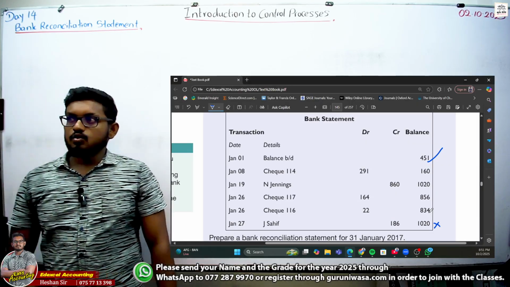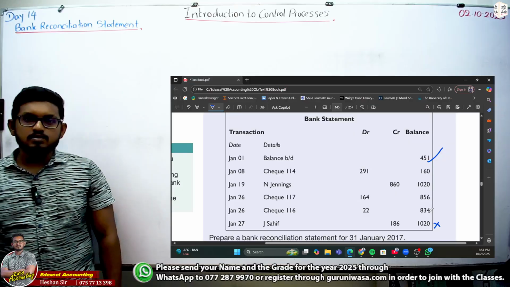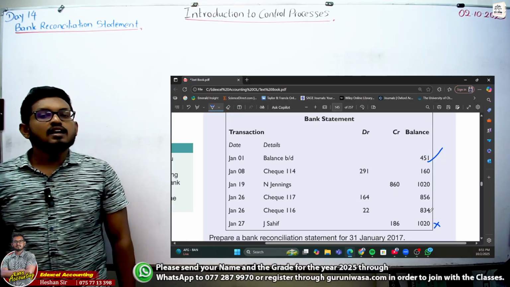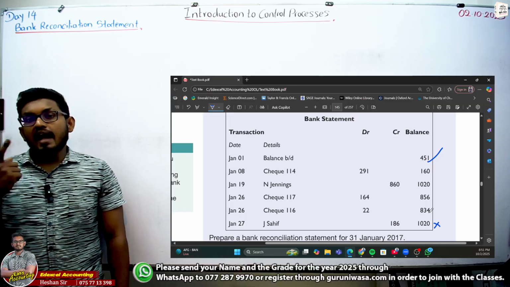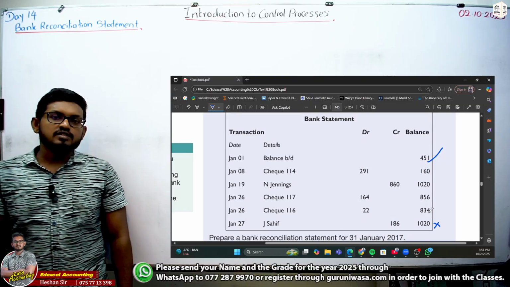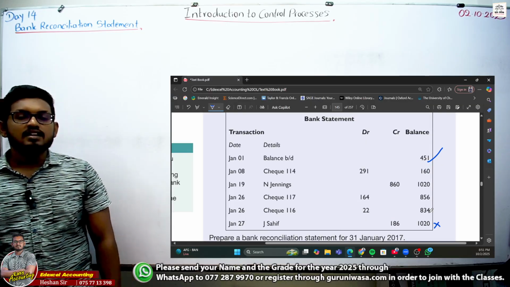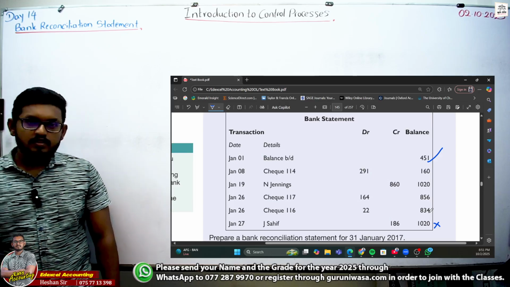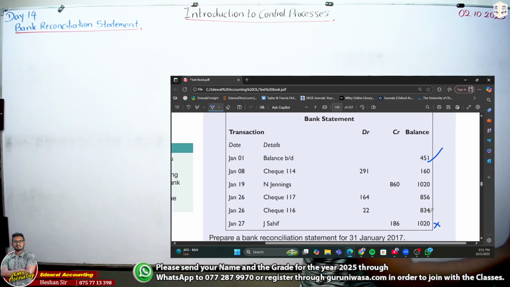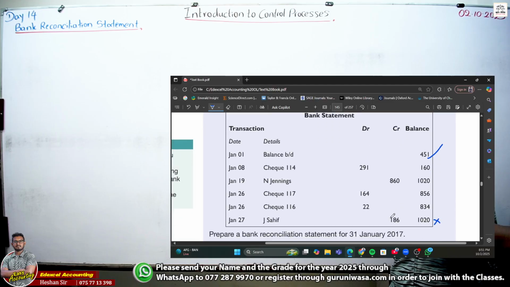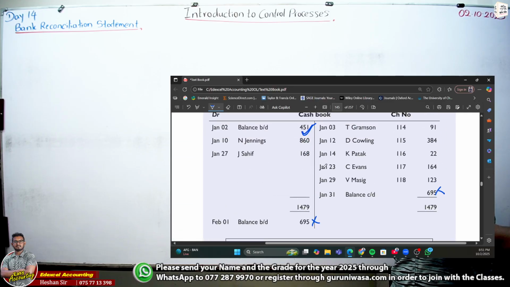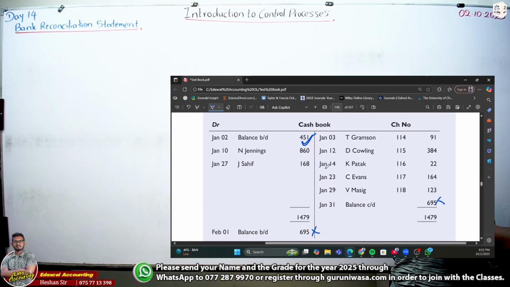A credit balance in the bank account means overdraft, and a credit balance in the bank statement means having money in the bank, which is the favorable balance. The closing balances are not the same, so we need to prepare the bank reconciliation statement.